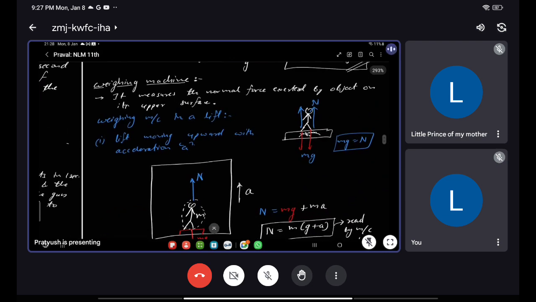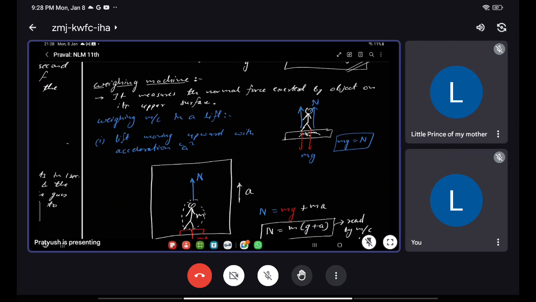See, what does a weighing machine measure? A weighing machine measures nothing but just the normal reaction. Okay, normal reaction. Now normal reaction is just above the earth, means in the perpendicularly upward direction.